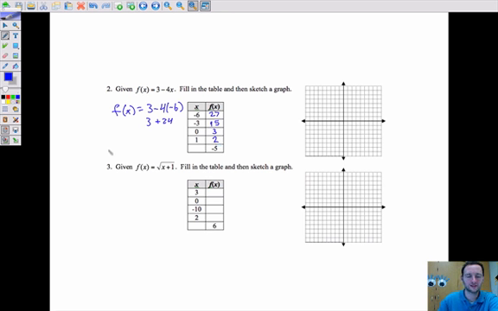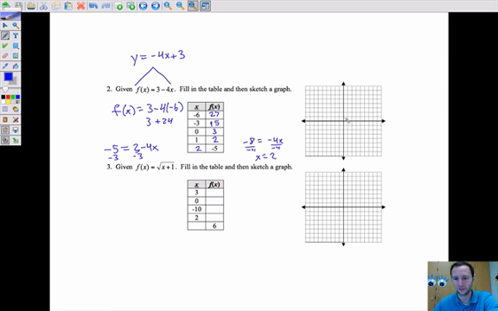If I want to find this, I do negative 5 equals 3 minus 4x. Solve for x. You get x equals 2. Then when we go to sketch a graph of this, if I rewrite this in a more familiar form, this is actually really easy to graph.